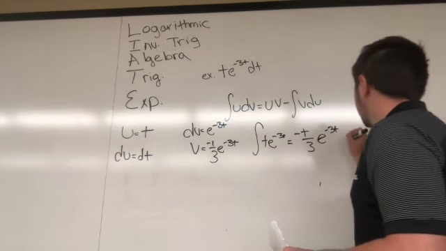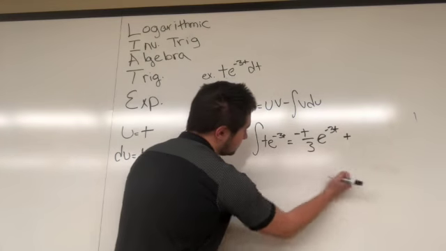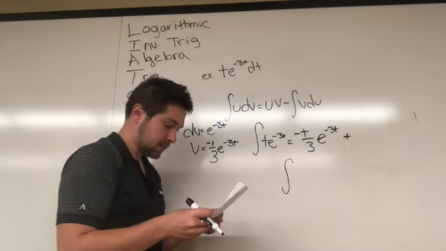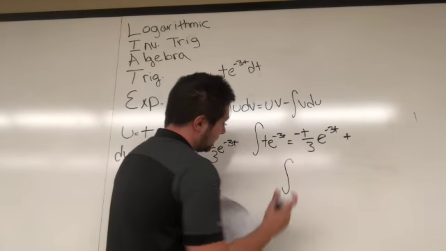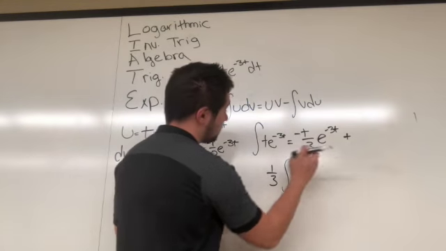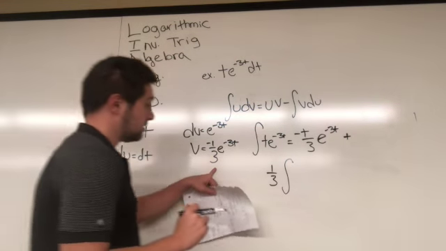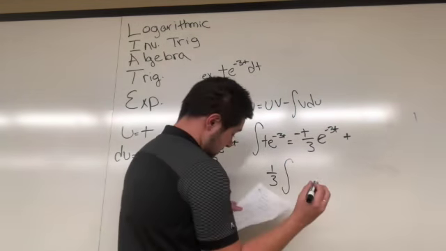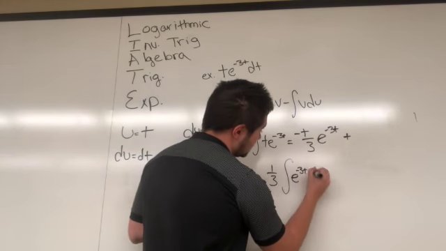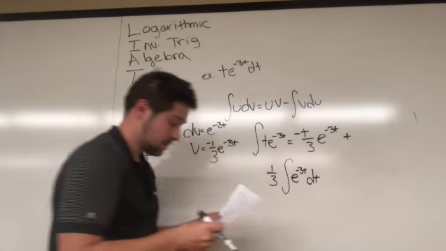So then we get plus the 1/3 integral. I'm taking that negative 1/3 out from here and applying that. e to the negative 3t dt.